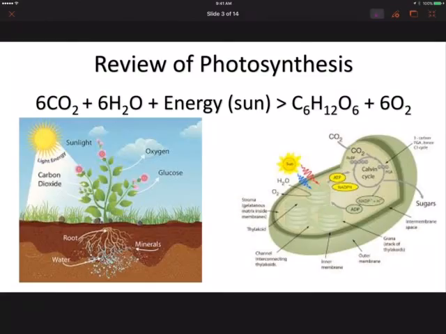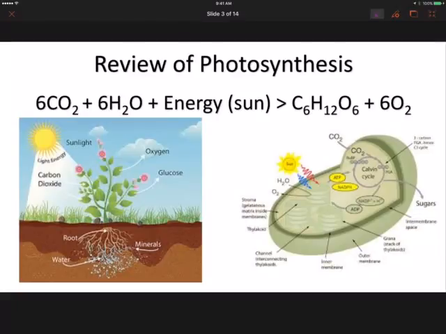Right, so before we jump into that, let's quickly review what photosynthesis is. This is important because cellular respiration is pretty much possible because of photosynthesis. In fact, if you look at the chemical equation here for photosynthesis, cellular respiration is the direct opposite.